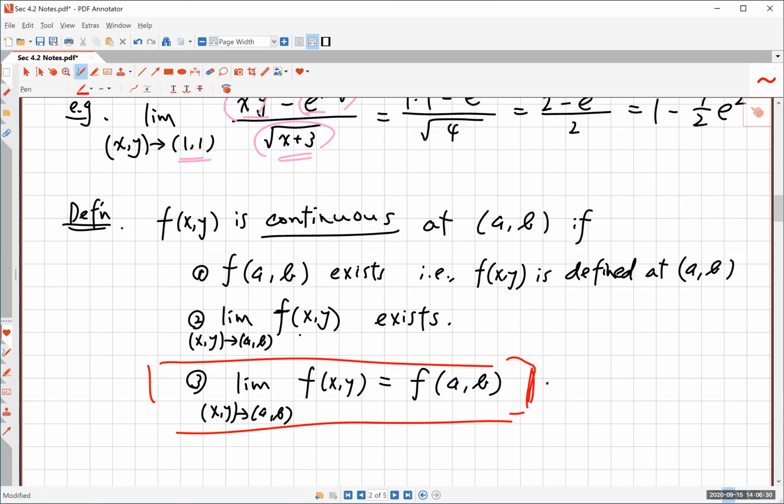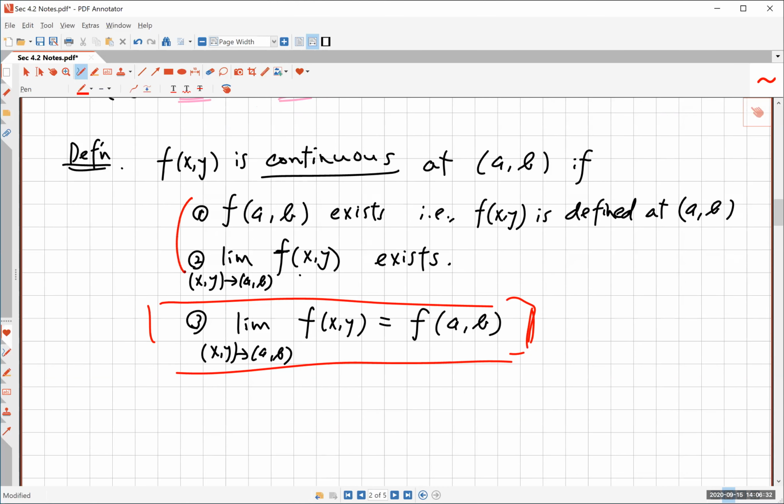I mean, you can ignore the first two, because if these things didn't exist, then the last statement wouldn't make sense, right? Because the right-hand side is number one, the left-hand side is number two. If this fails or this fails, then number three is meaningless. So you could just say definition of continuity is this number three, okay? So why do we even list one and two? Well, just for completeness, okay?